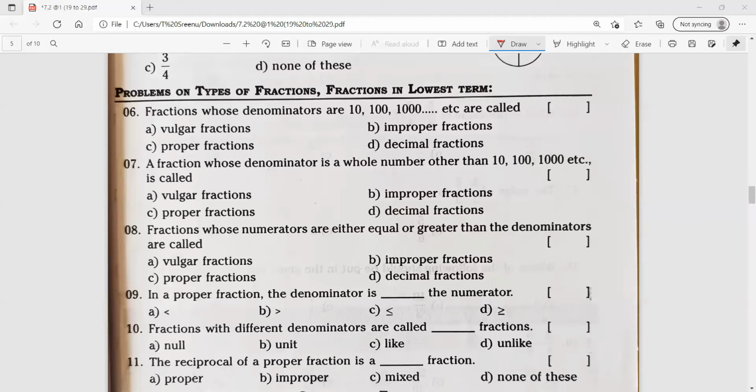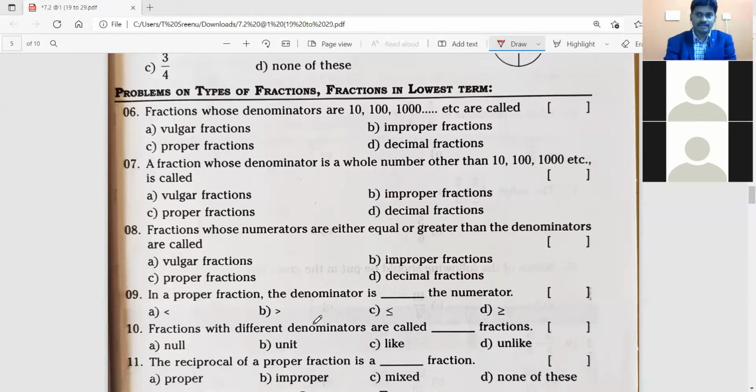Sir, first one is, yes, completed. 6, 7, 8, 9, 10. Yes, sir.